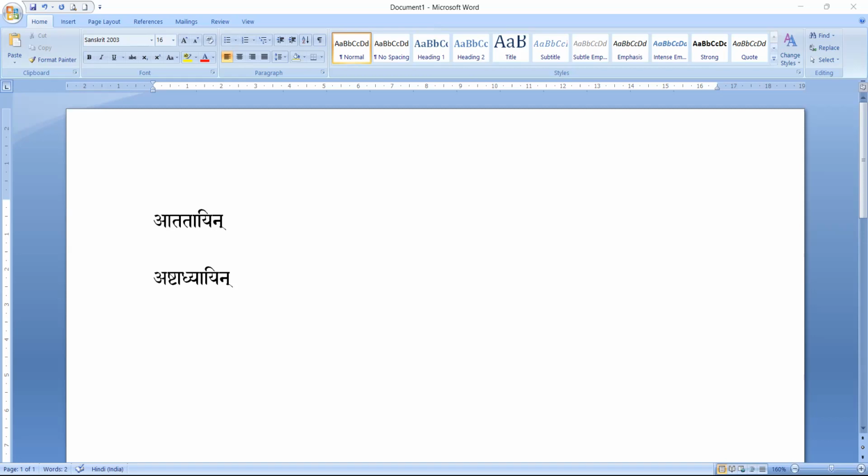The shloka tells what they are. Agnido Garadashchaiva, Shastrapanir Dhanapaha, Kshetradhara Paharicha, Shadete Atatayinaha. Somebody who kills by arson, by fire, that Duryodhana did to the Pandavas with the house of wax, Lakshagriha. Then extracting money from the person, and taking the land or somebody's wife.